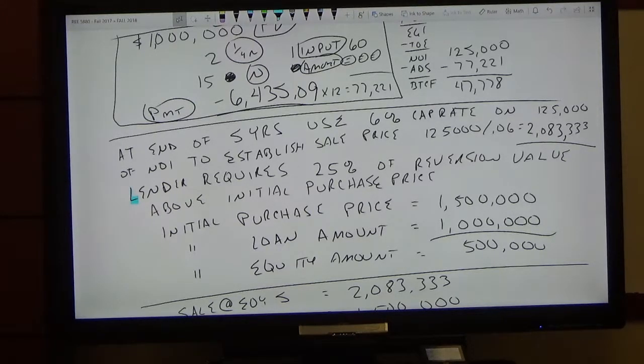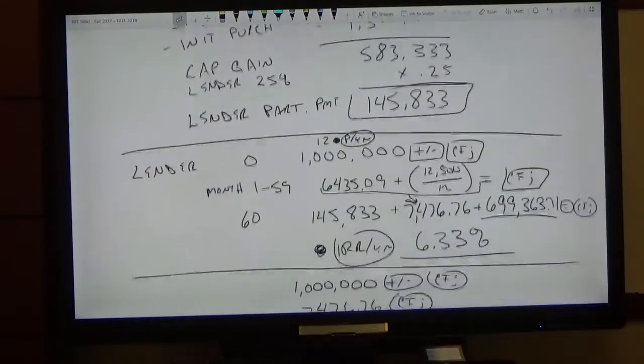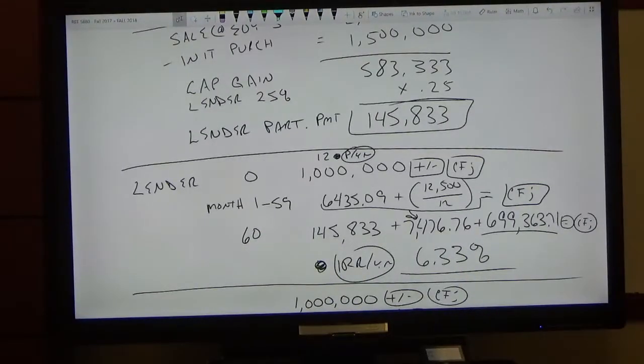So they go pro rata. The pro rata share on... Still $1 million.